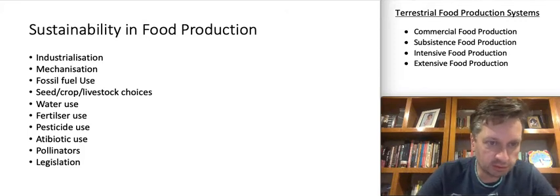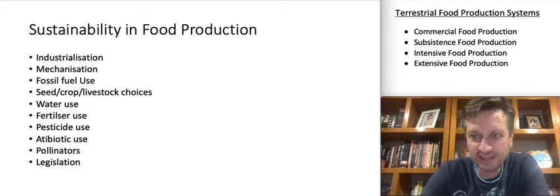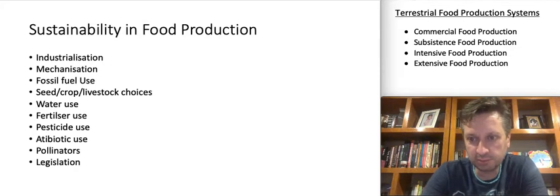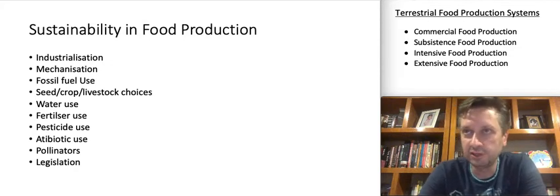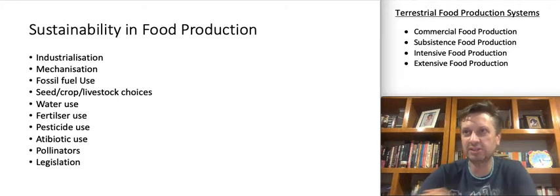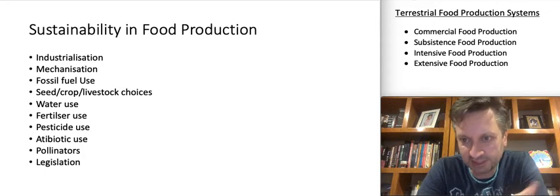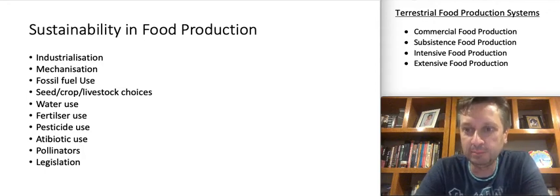Okay, last couple. Pollinators. These are animals, generally insects, that pollinate plants, and they do that for free. But the use of insecticides especially seems to be having an effect on insect populations or pollinating insect populations, specifically bees, on a global scale.